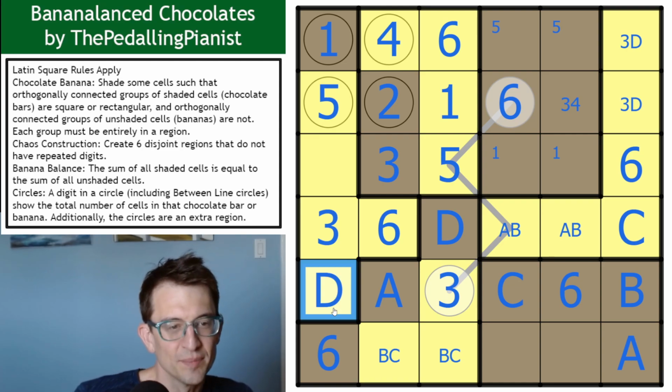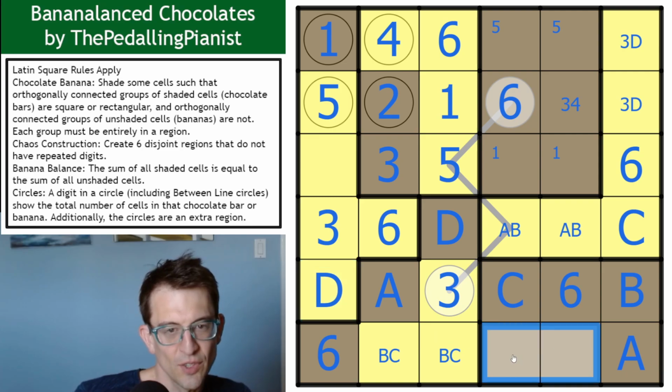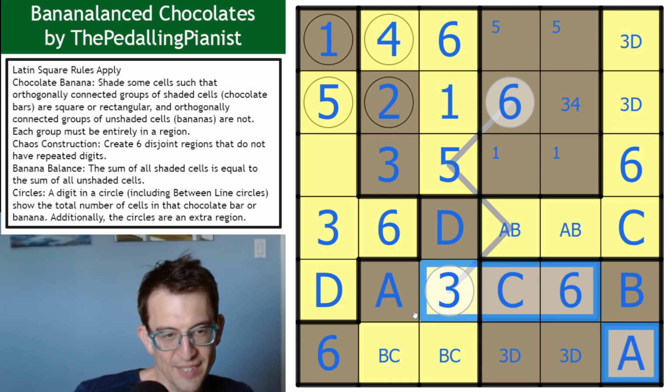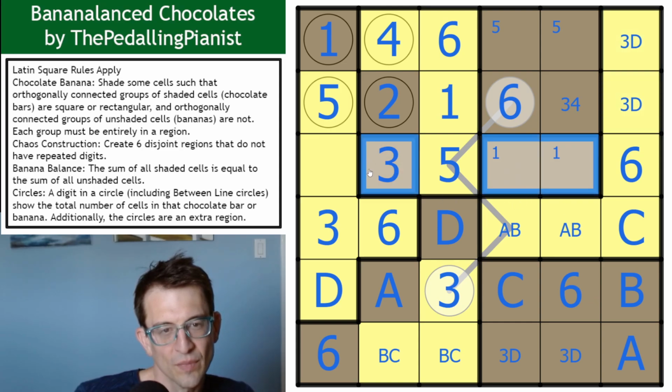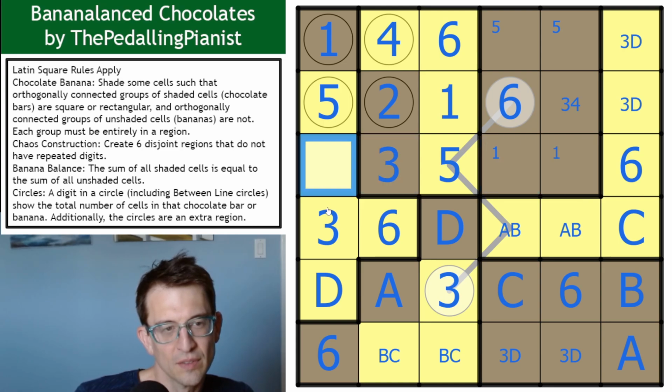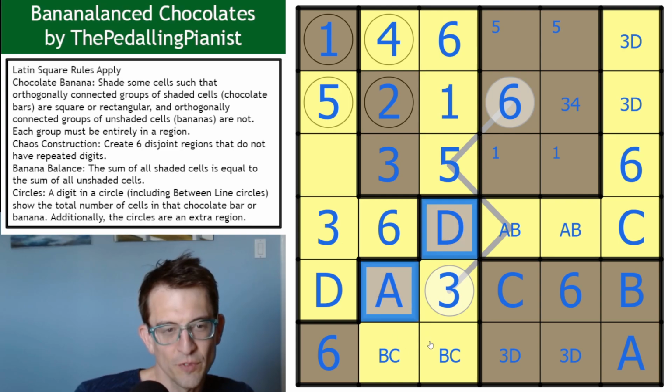This is D. This is 3 or D. I mean, I ended up basically in the same place. These are 1, 2, or 4. 2 and 4 are not lettered.